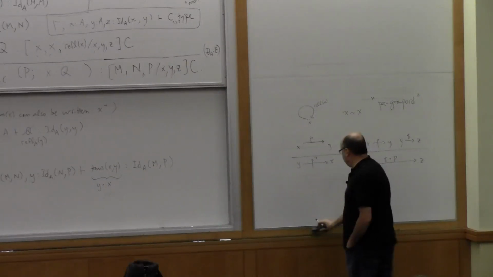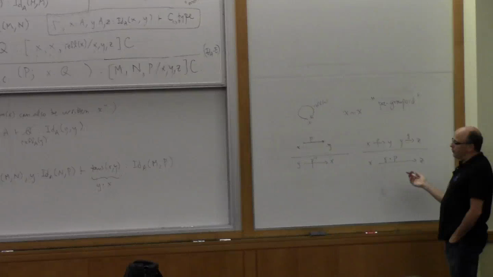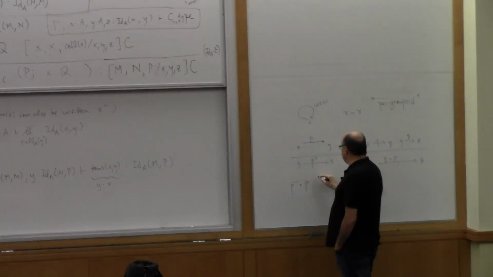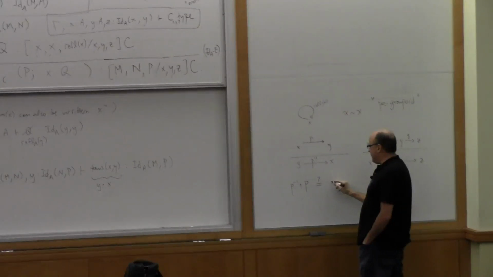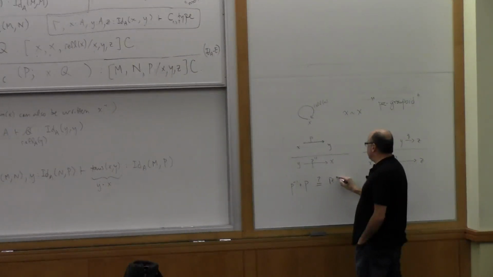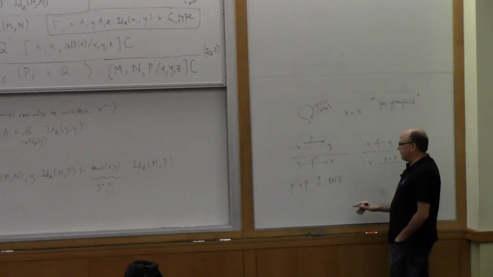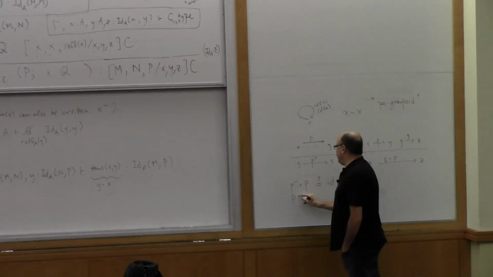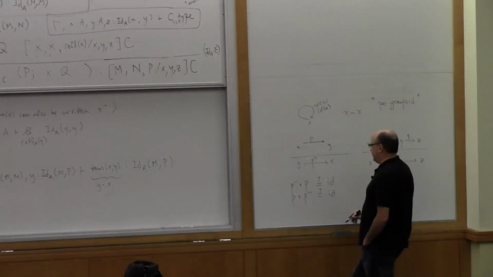The additional conditions we're going to need are the axioms of a groupoid, which tell us that in some sense, P inverse after P must be equal to, whatever I mean by that, and we're going to come back to that, the identity or reflexivity. So this reflexivity could also be written identity. And it should be that P after P inverse, in some sense of equality, should be the identity.